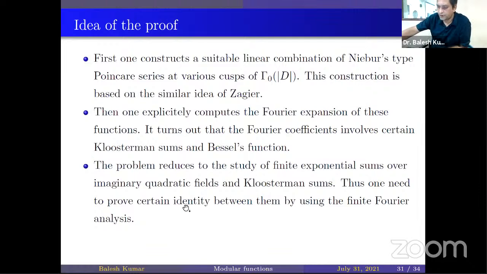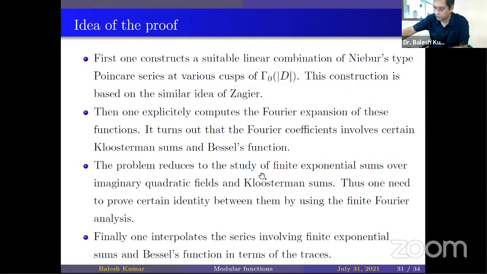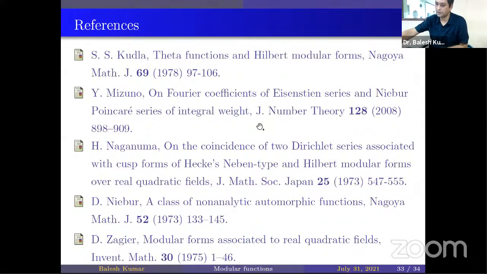And using that, we have established this identity between exponential sums and Kloosterman sums, and those identities were responsible for establishing such a connection. Yeah. So this is the basic idea of the proof, and we will not go into the technical things. And so therefore, now I would like to stop here. Thank you very much.